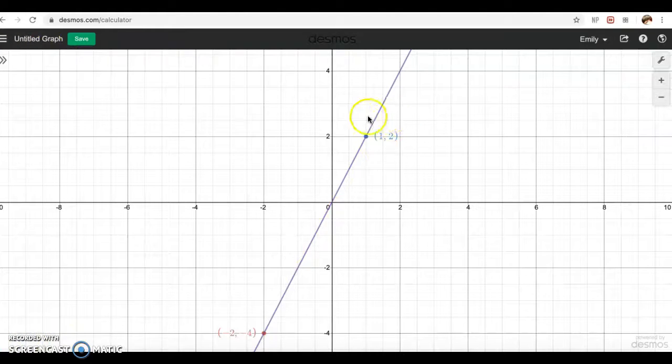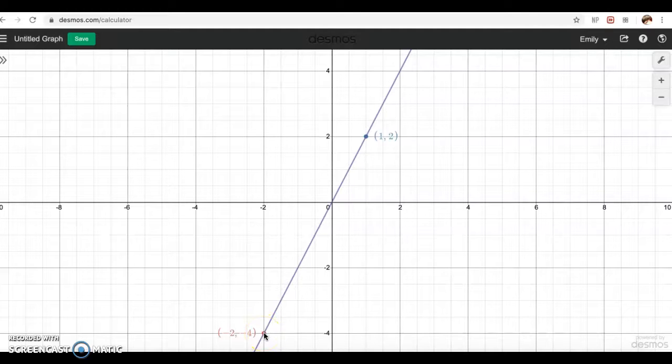Okay, so I got a line to connect those 2 points, so now I can do a little bit of the analysis I need to do. My axes are a little bit different than yours, but I could go between these 2 points, or I could pick any 2 points on the line to figure out the slope.